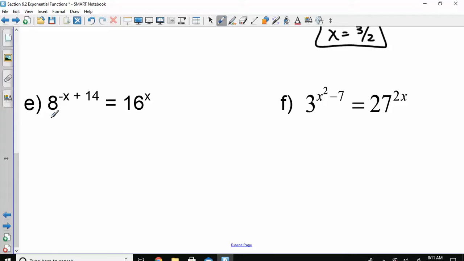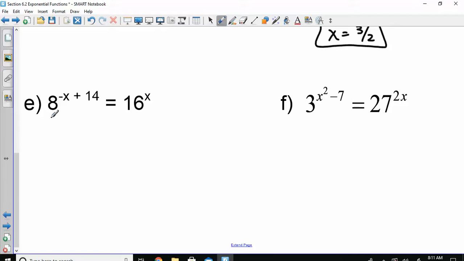Equals 16 to the x. Alright. Is 16 8 to a power?